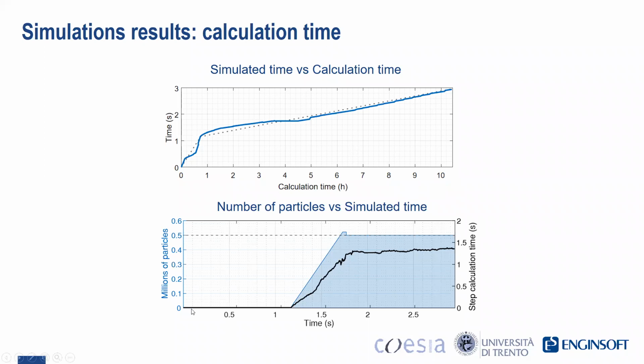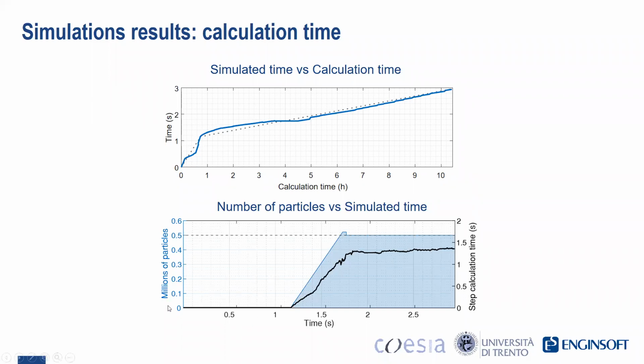The number of particles in the simulation increases, and so also does the step calculation time, because as particles increase, of course, the computational burden of the simulation increases. So we do see that it's not a linear time per simulation step here.